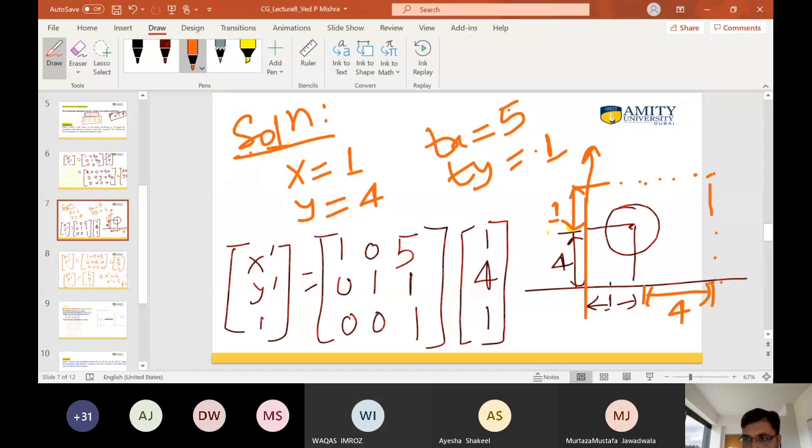The radius will not be changed, means you are shifting from here to here.